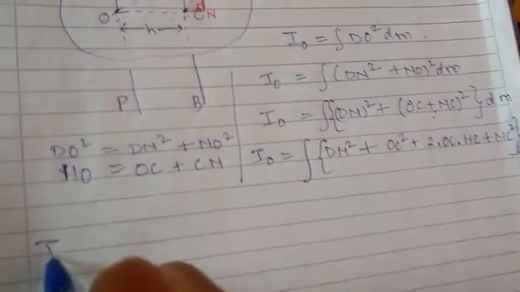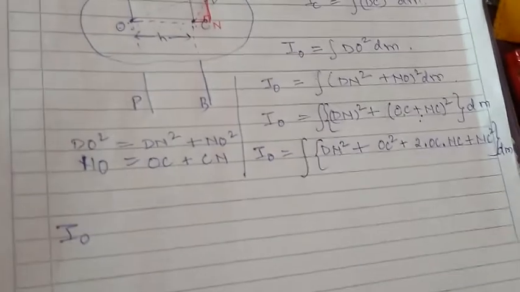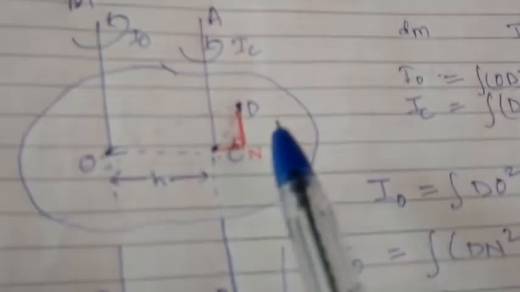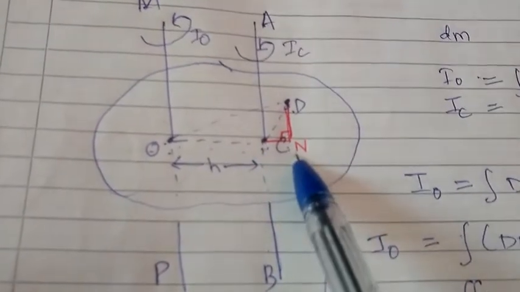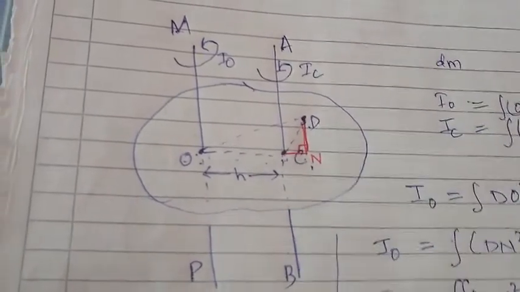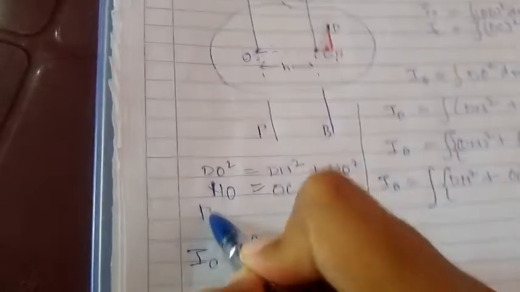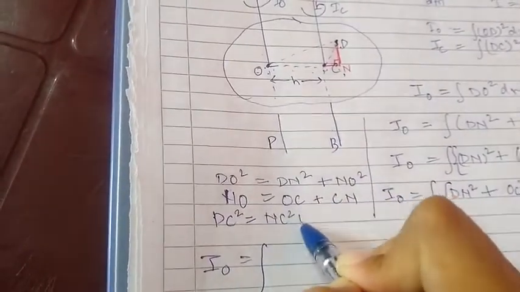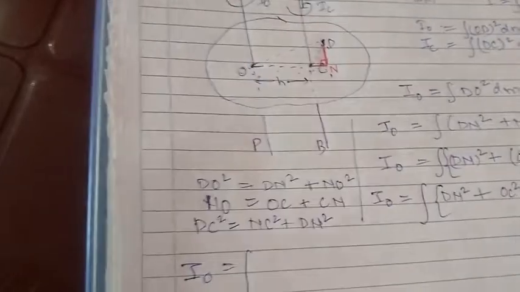Now, moving on to the next step. First of all, look into the diagram. Consider this triangle DCN. When you consider this triangle DCN, from Pythagoras theorem, you can write DC square is equal to NC square plus DN square.